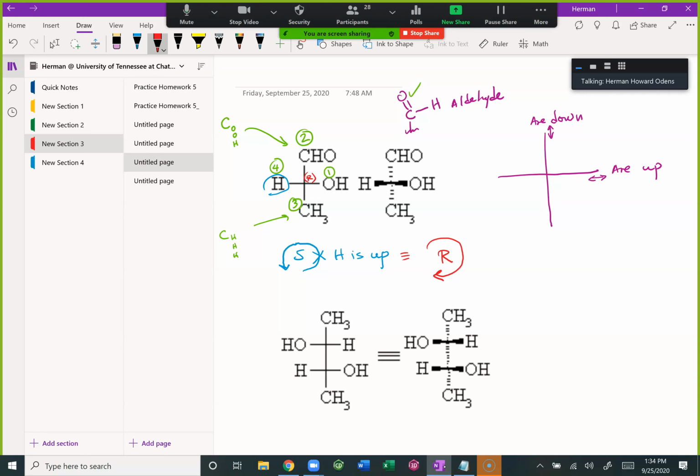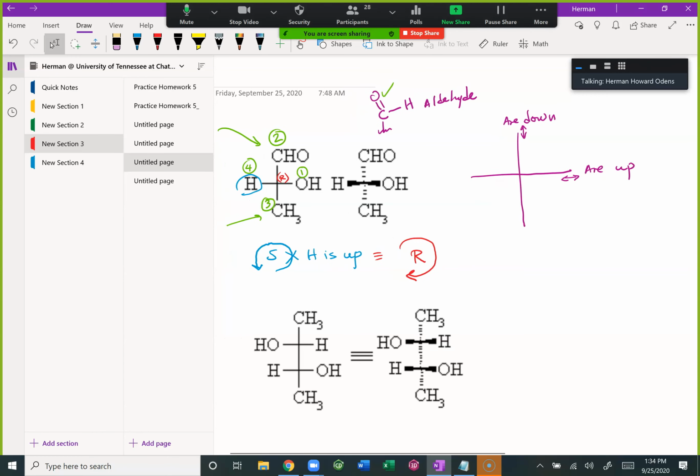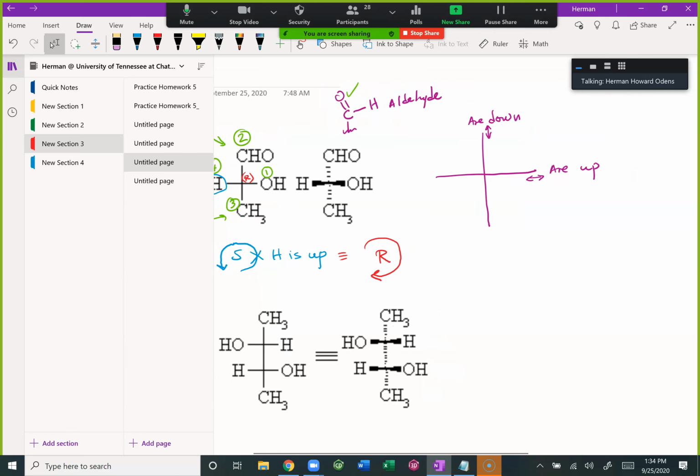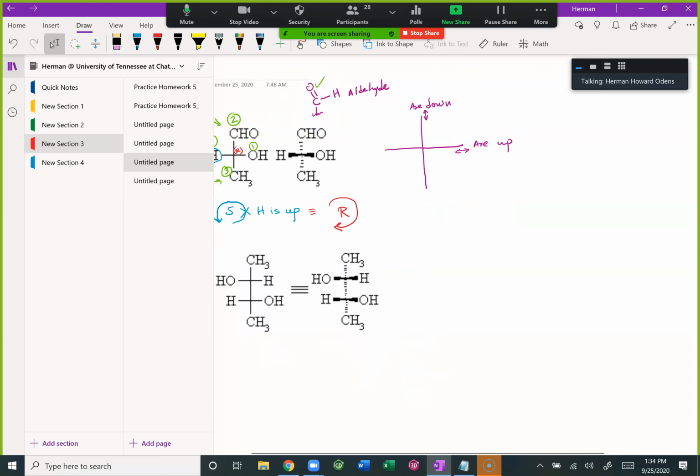All right. So yes, I have a question here. If I flip the H and the OH, that would be the S enantiomer. So let's do it together. I'm gonna do it right here on the right side.